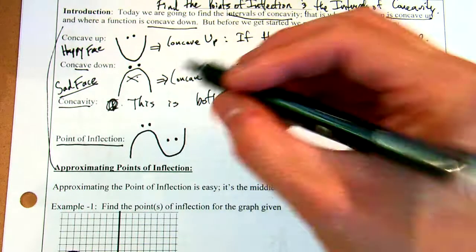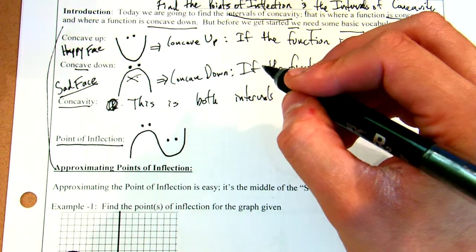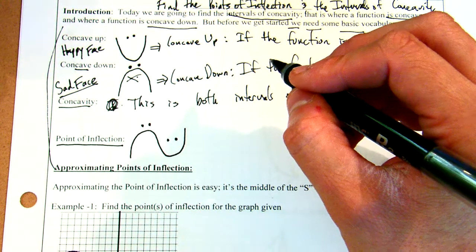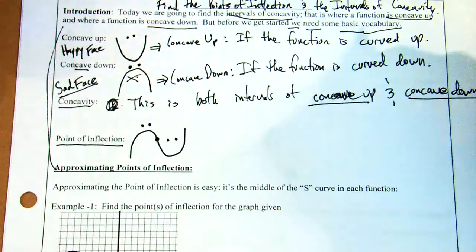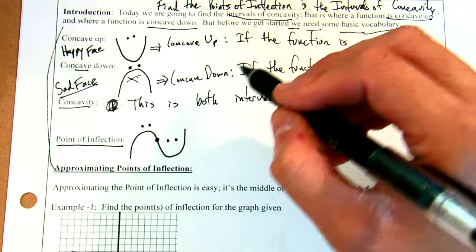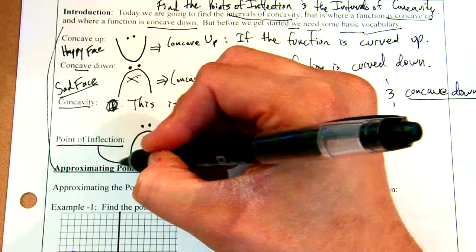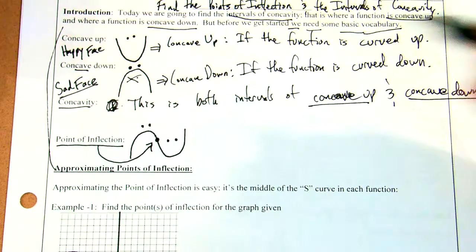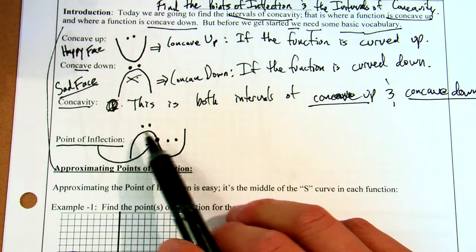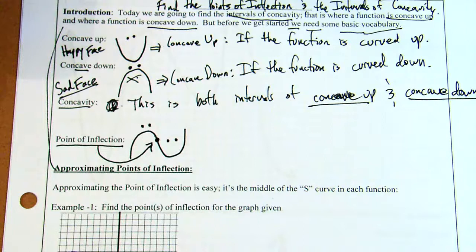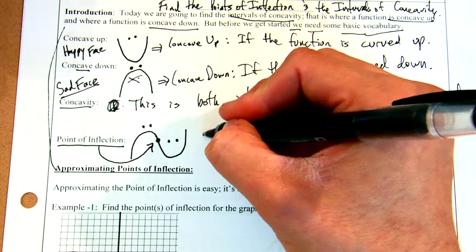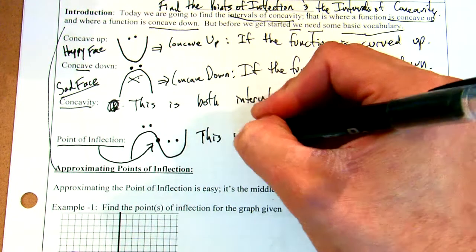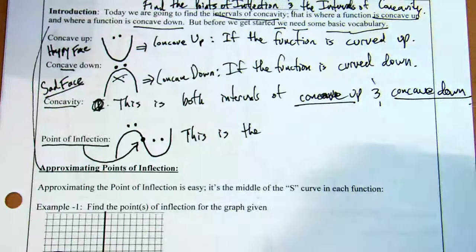Okay, so the point of inflection is the point that is between the sad and the happy face, i.e., the point where the function changes concavity.